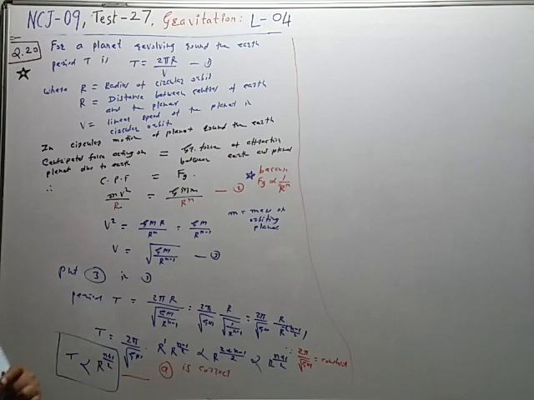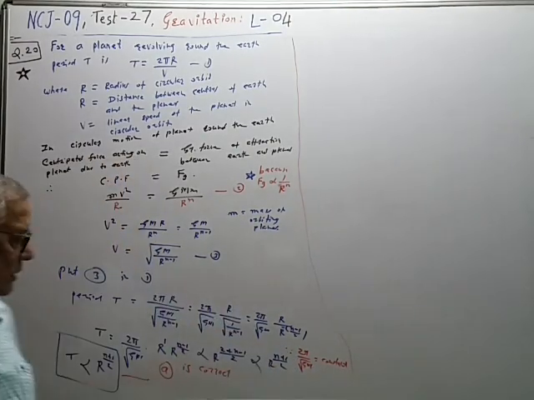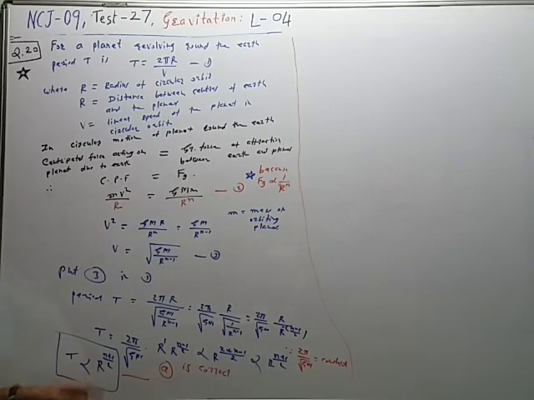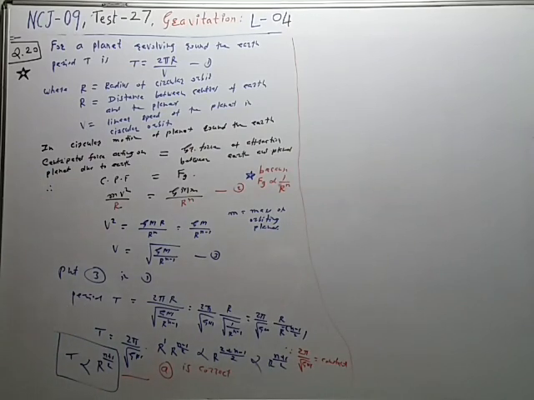Now n can be given any value. Suppose n is equal to 3, then it will be 3 plus 1 by 2, so that is equal to r raised to 2. So period will be directly proportional to r square, like this. So gravitational force is not inversely proportional to r square, but it is inversely proportional to r raised to n.